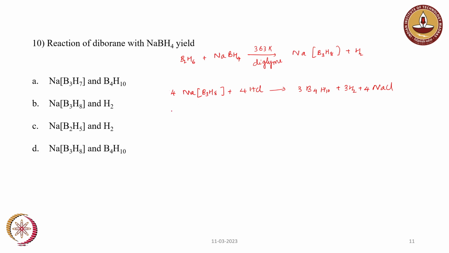And if you want to prepare B3H7Br minus compound, we can use 5B3H8 minus and 5HBr. It will give 5B3H7Br minus and 5H2. And if you want to prepare B5H9, we can react with HBr.